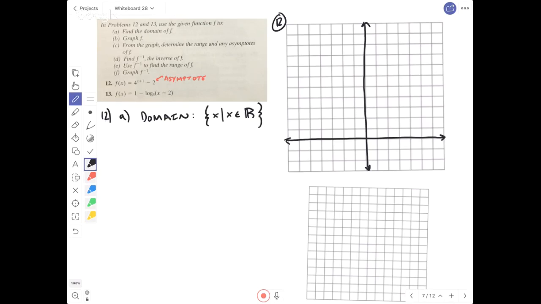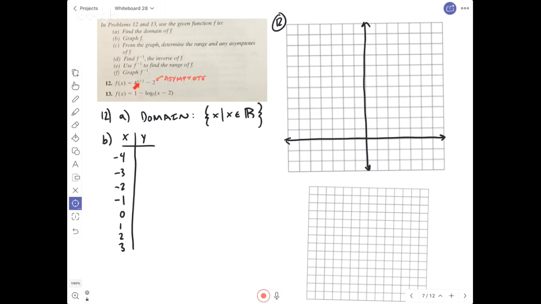So I'm on B. Let's go ahead and make an XY table just because it's a good habit to be in. I'm going to choose negative 1 at the middle, and then negative 2 and negative 3 and negative 4 and 0, 1, 2, 3. So negative 4 plus 1 is negative 3. 4 to the negative third power is 1/64 minus 2.